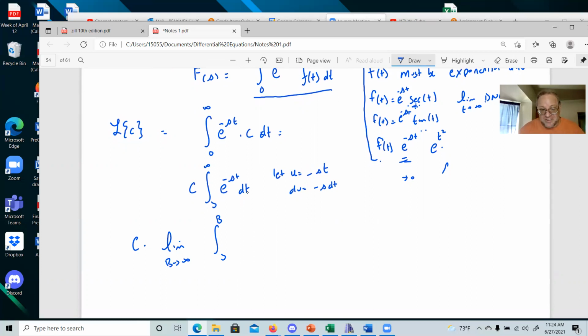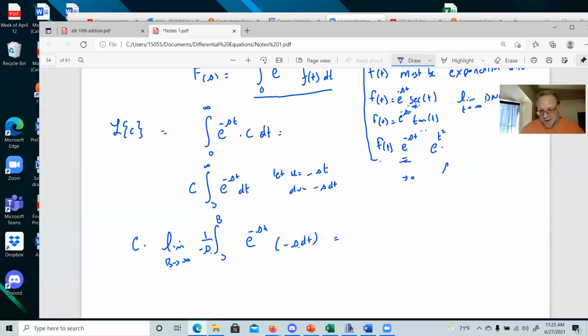When you did this in Calc 2, we dealt with improper integrals and were really formal about it. This one, we're going to be real lazy about replacing the infinity with a b here. This is going to be e to the negative st. I'm going to need a negative s dt here in order to get my du. But in order to multiply by negative s, we have to multiply by it there, so I'll cancel.